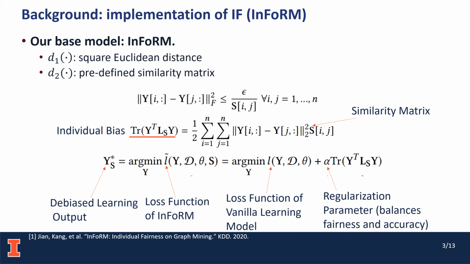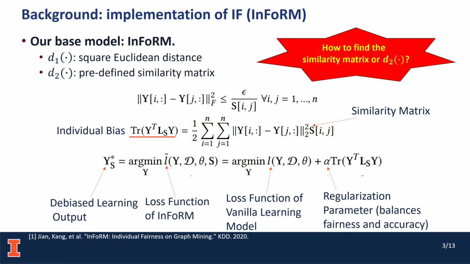So we'll get L tilde is equal to the original loss function of the learning model plus the individual bias times the regularization parameter. So this line, unlike typical machine learning works, considers Y, which is the output, as the parameter to optimize. But it's the same way as we do for other machine learning models when we optimize theta. It's only that we consider it in another way.